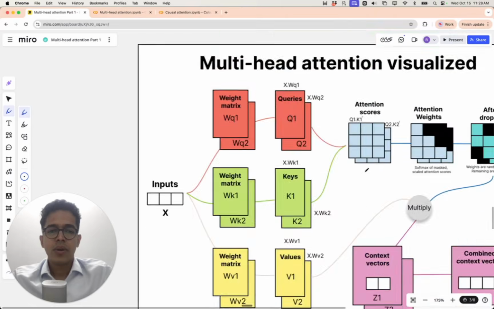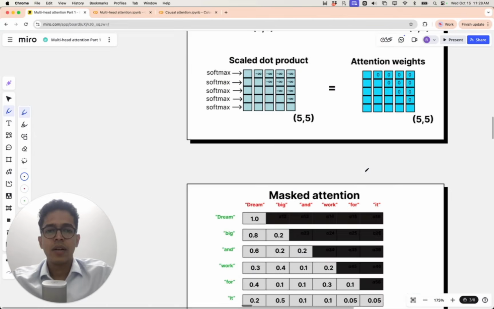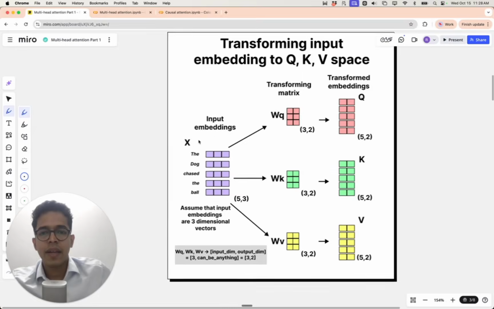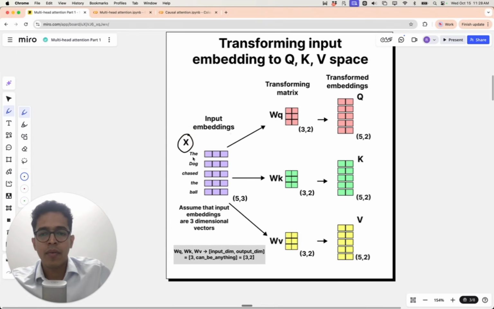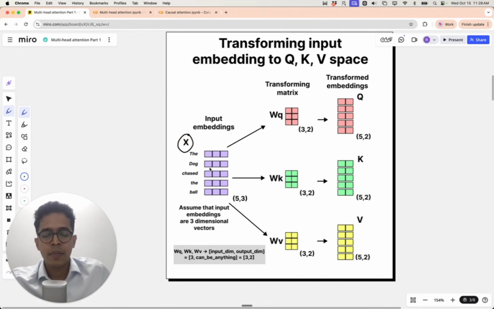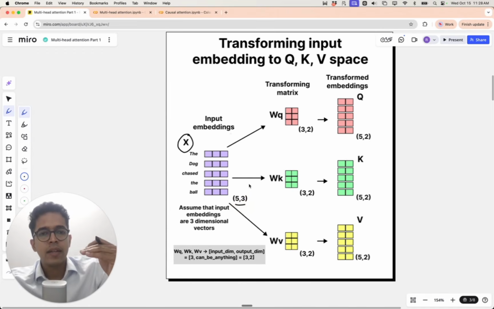In causal self-attention, what we discussed was the following. First, we have the input embeddings. Here we have 1, 2, 3, 4, 5 input vectors in 3 dimensions, so this matrix is a 5 by 3 matrix. And then we want to transform each of these vectors into the query space, key space, and value space.